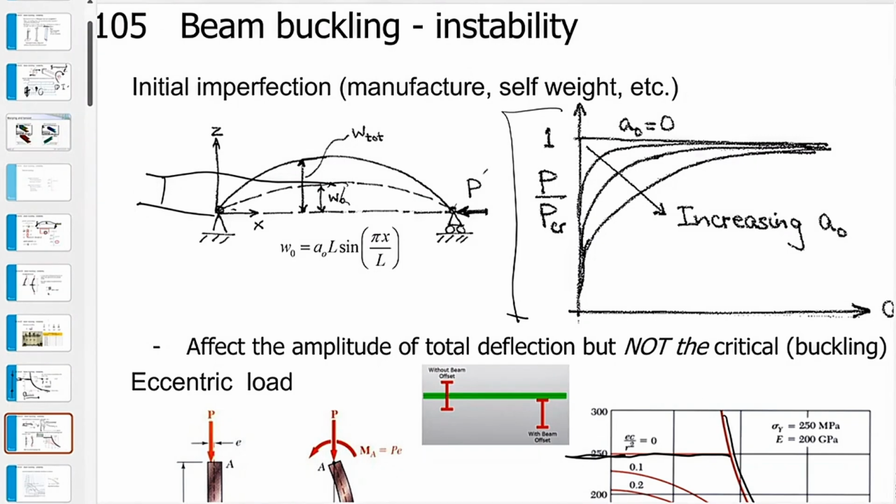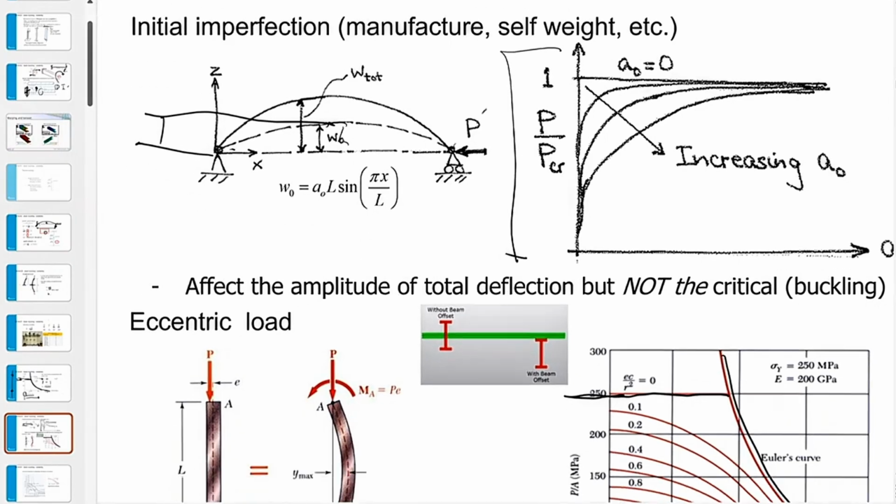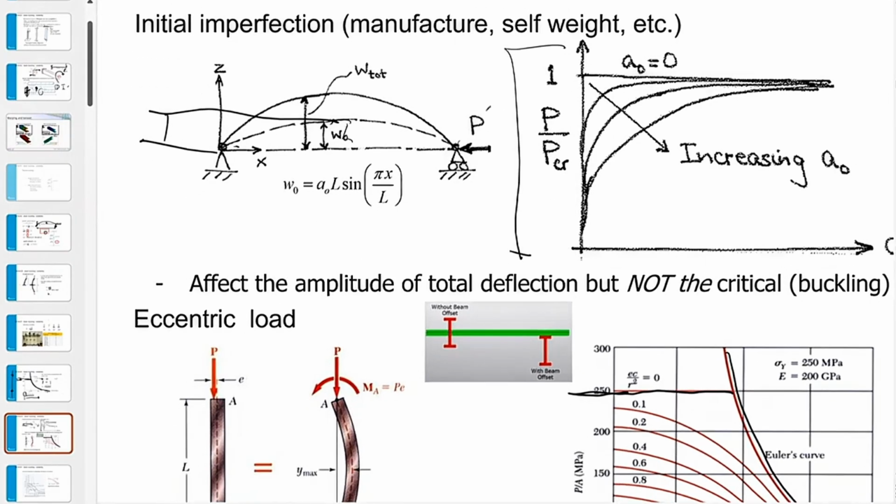But if we take yielding into account, then at a certain point the corrective moment to keep the model of the beam stable reaches its limit.